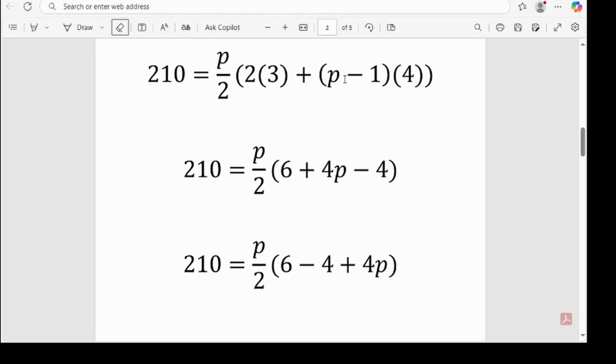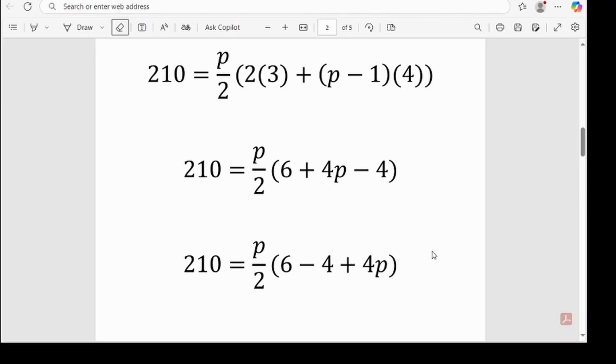When you are multiplying, you don't just multiply the numbers, you multiply the entirety of the terms. So the 1 in p minus 1 is negative 1, and 4 multiplying negative 1 will give you negative 4. So we get the equation as 210 equals the fraction p over 2 multiplying 6 plus 4p minus 4.